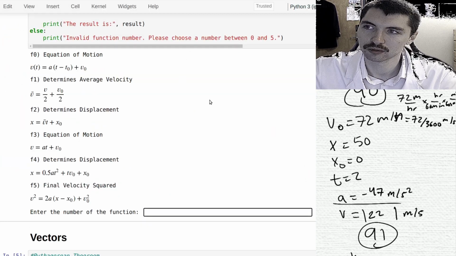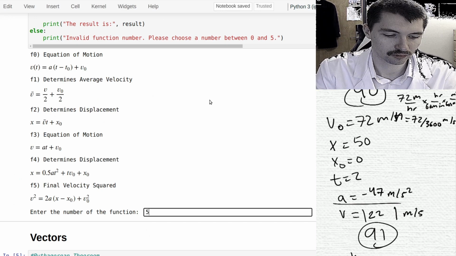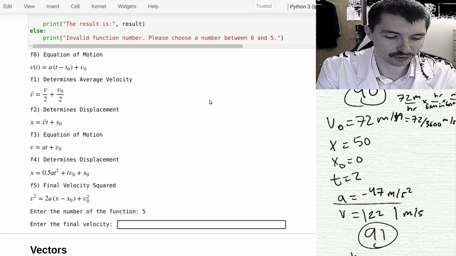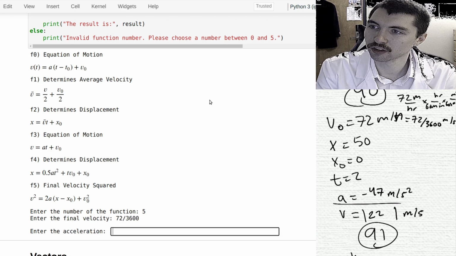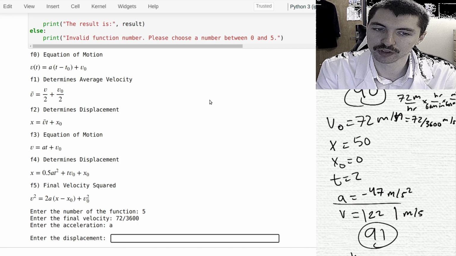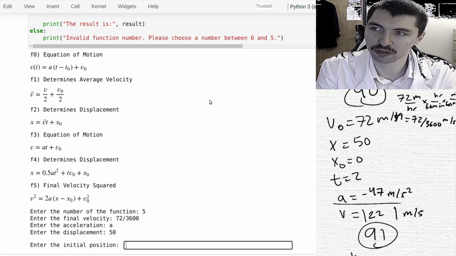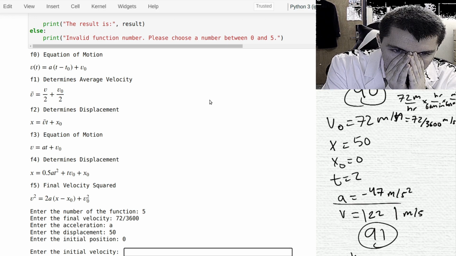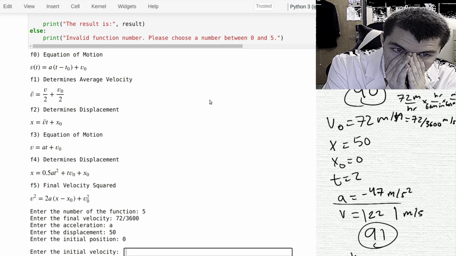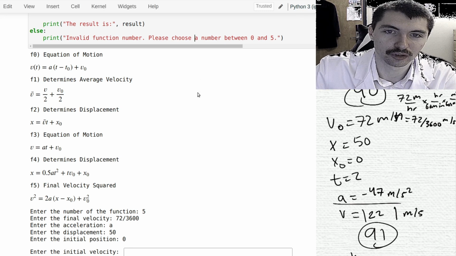So final velocity is 72 over 3,600. Acceleration is what we were solving for. Displacement is 50. Initial position is 0. Initial velocity 72. We want to use equation 4.